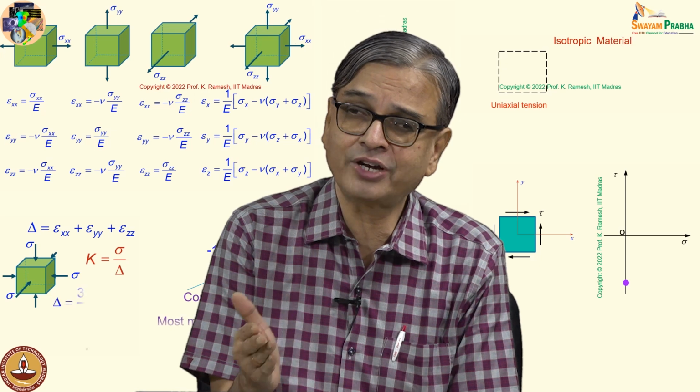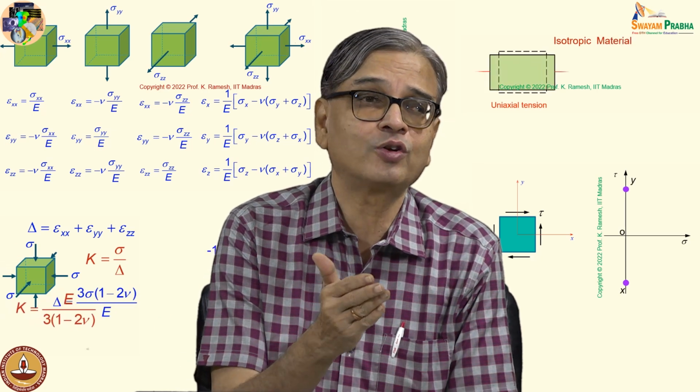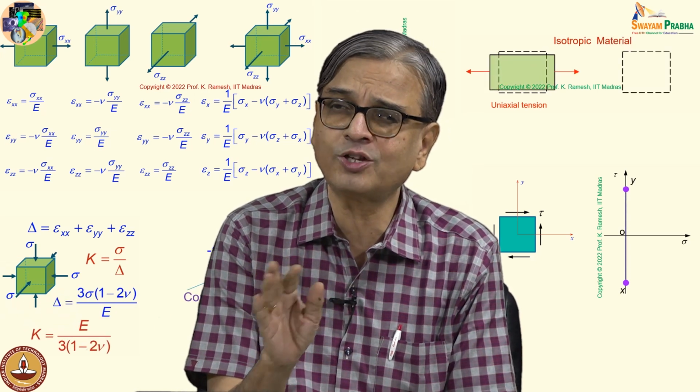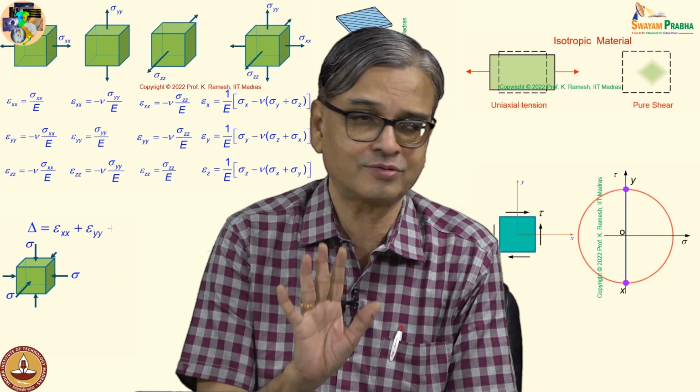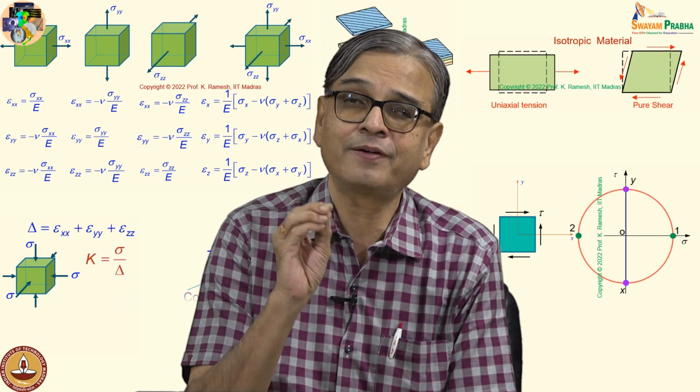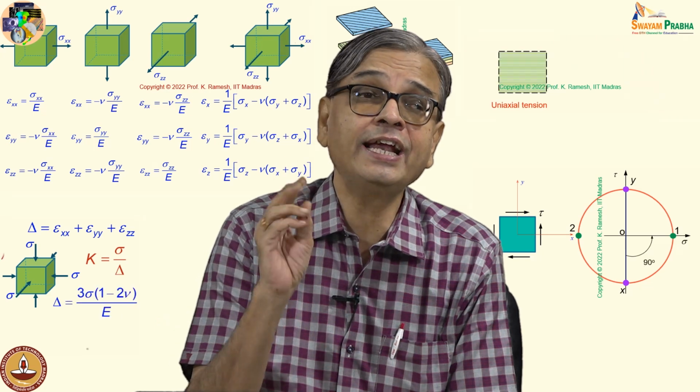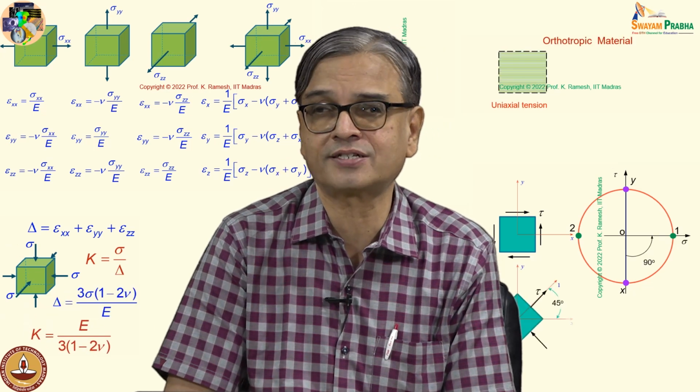By looking at the Poisson ratio now, if you look at many of the materials hover around that, you may make a small error. That is one aspect.